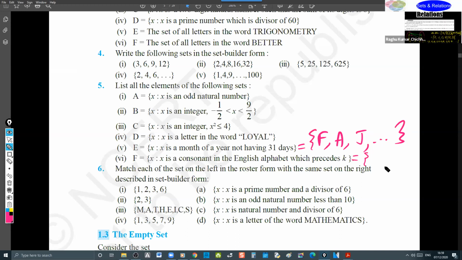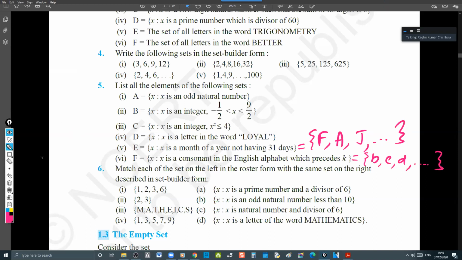X is a consonant, so B, C, D, and so on.